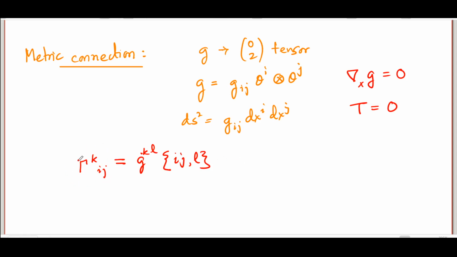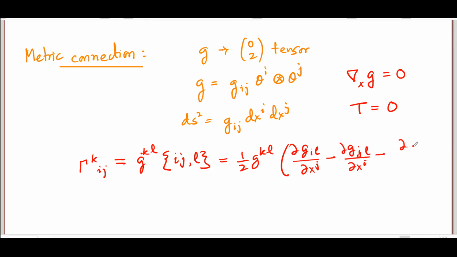We often refer to this as Christoffel symbols of the second kind. That's specifically for a metric connection. And this is given by half g^kl times (del g_il / del x^j plus del g_jl / del x^i minus del g_ij / del x^l).